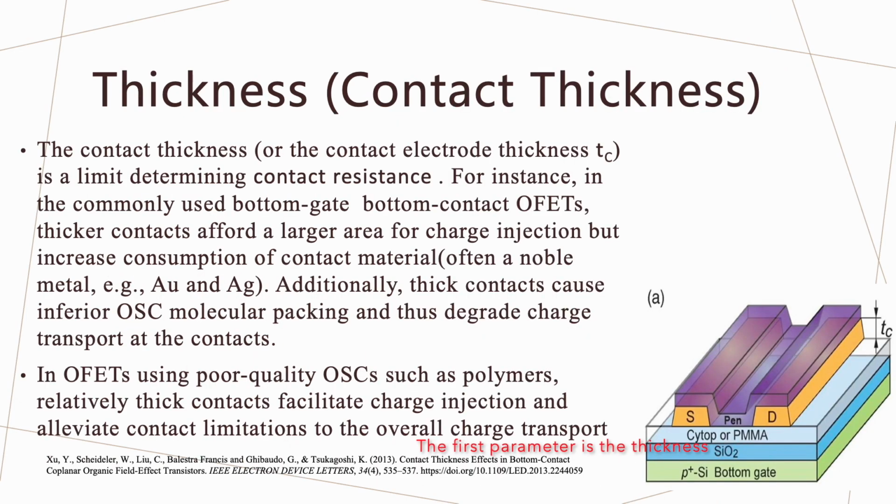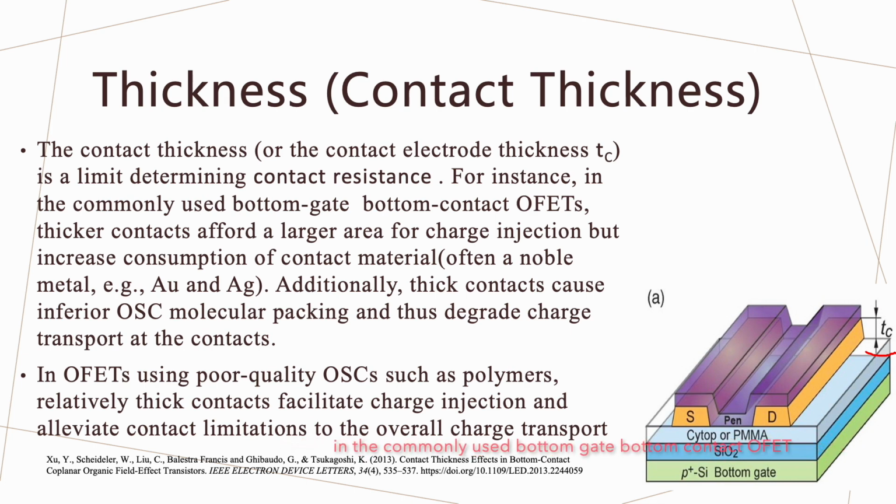The first parameter is the thickness, that involves the contact thickness and the active layer thickness. Referring to the image, TC represents the contact thickness.